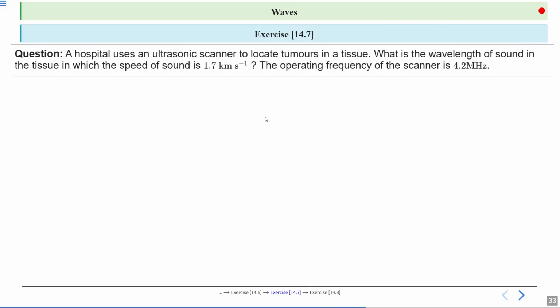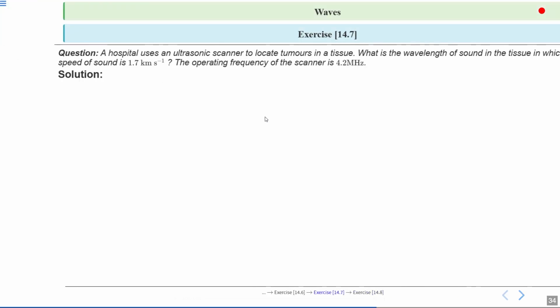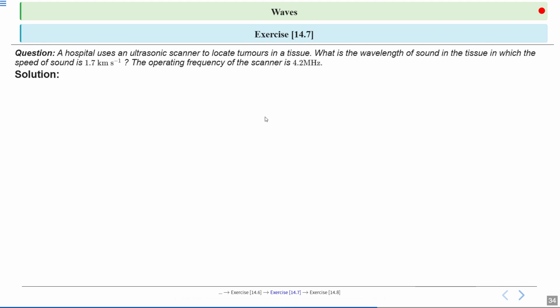A hospital uses an ultrasonic scanner to locate tumors in a tissue. What is the wavelength of the sound in the tissue in which the speed of sound is 1.7 km per second? The operating frequency of the scanner is 4.2 MHz. Let's see the solution. So let's look into the problem to check what is given. Speed of sound in the tissue V equal to 1.7 km per second.